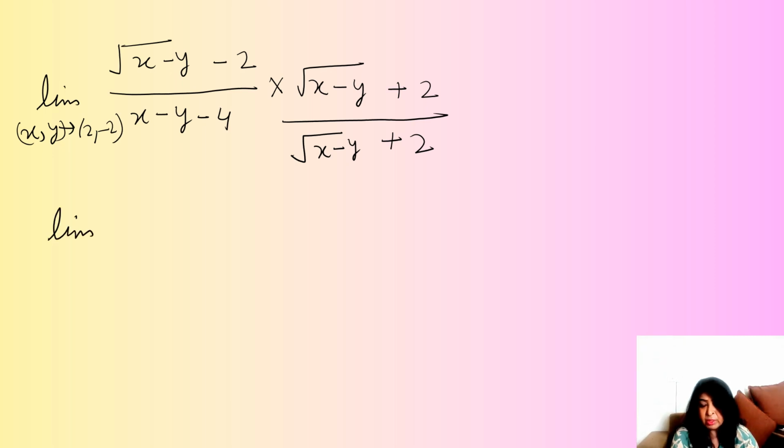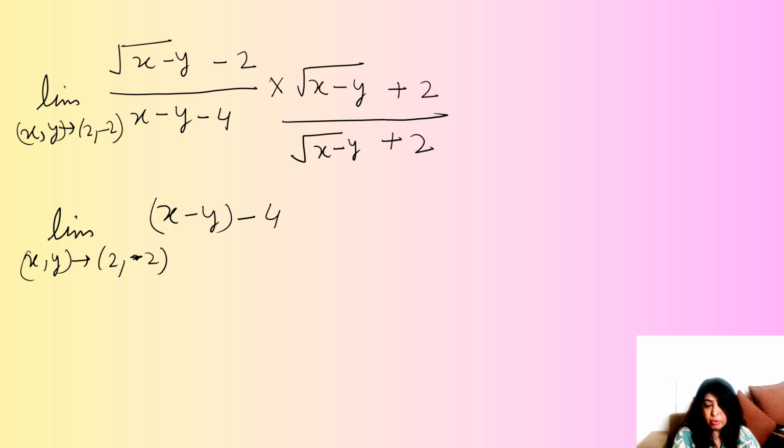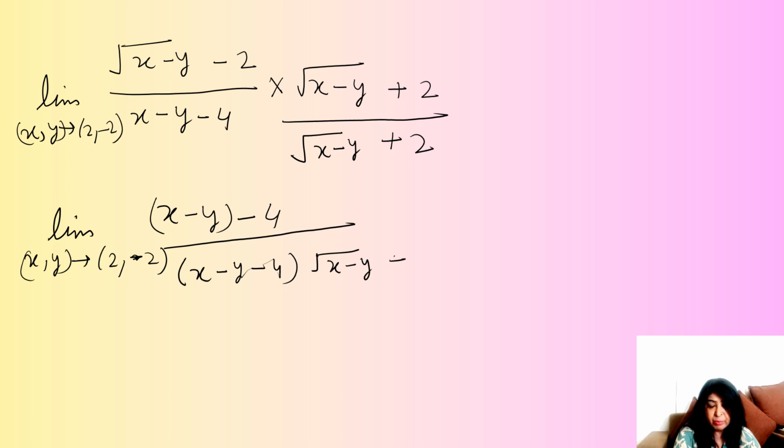So it becomes the limit as (x, y) approaches (2, -2). What you will get is (x minus y minus 4) divided by (x minus y minus 4) times (root of x minus y plus 2).